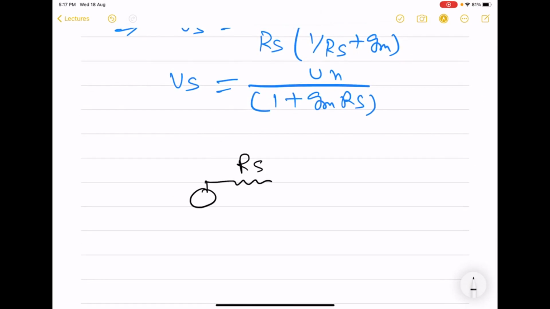Here we have Rs, here we have Vn, and this is connected at source, which effectively behaves like a resistor with value 1 by gm. And this is the source voltage that we are looking for.